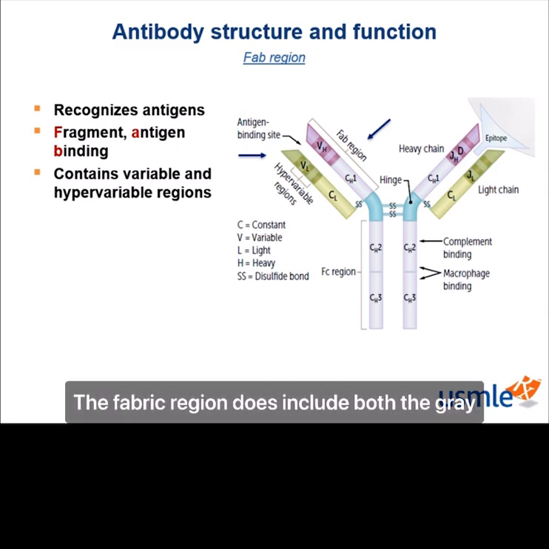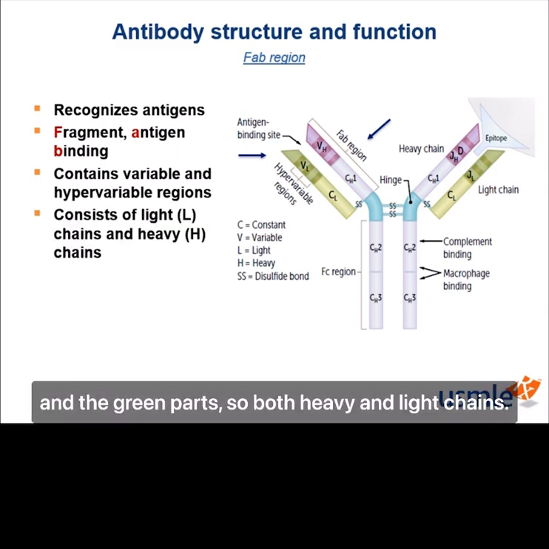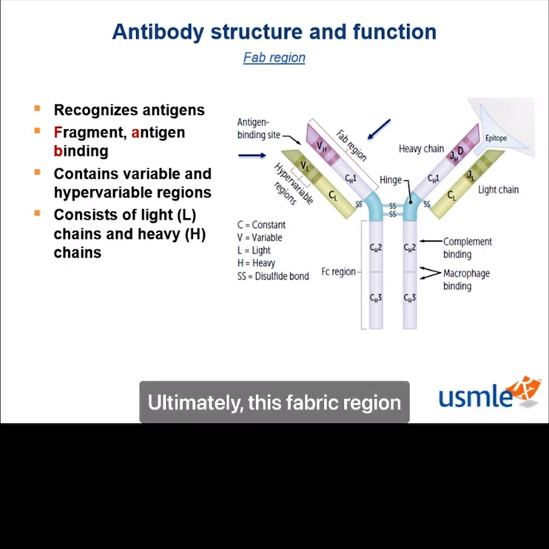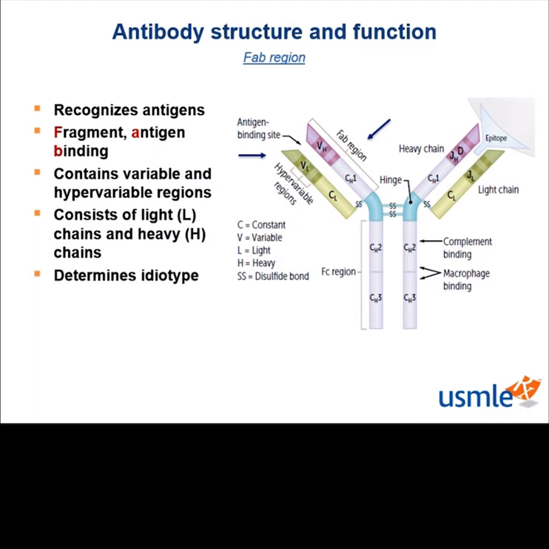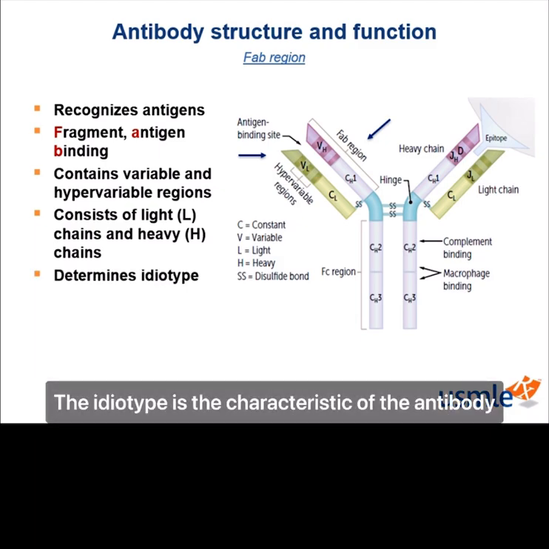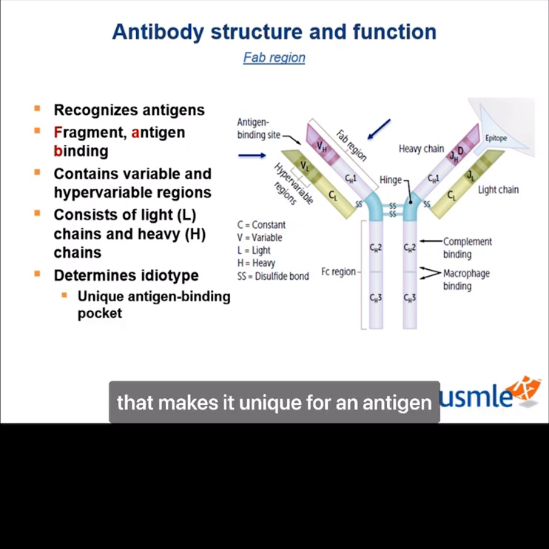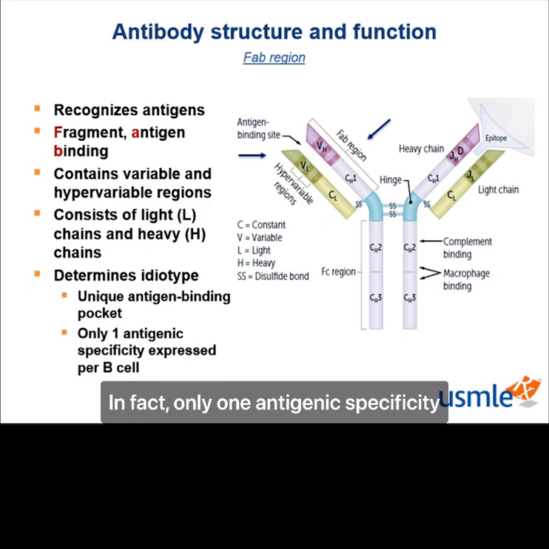The Fab region does include both the gray and the green parts, so both heavy and light chains. Ultimately, this Fab region is what determines idiotype. The idiotype is the characteristic of the antibody that makes it unique for an antigen, based on the variability of the Fab region. In fact, only one antigenic specificity is expressed per B cell.